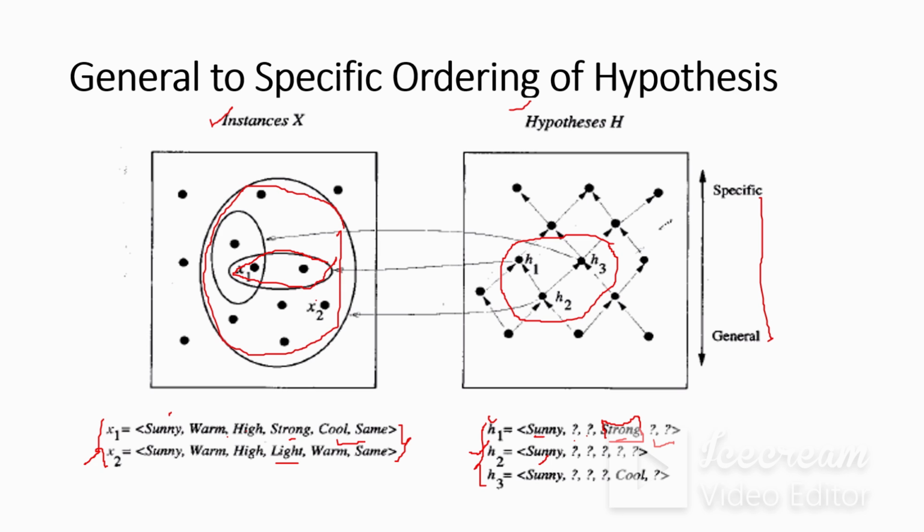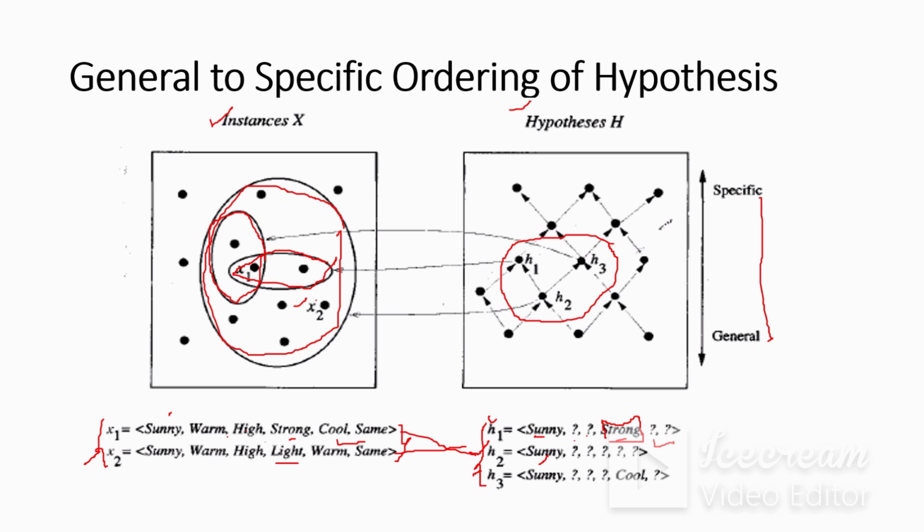If you see h3, x1 is covered, so x1 is part of the space, but x2 is not. Because h2 has two instances, x1 and x2, satisfying it, we can clearly observe that h2 is more general than h1 and h3.